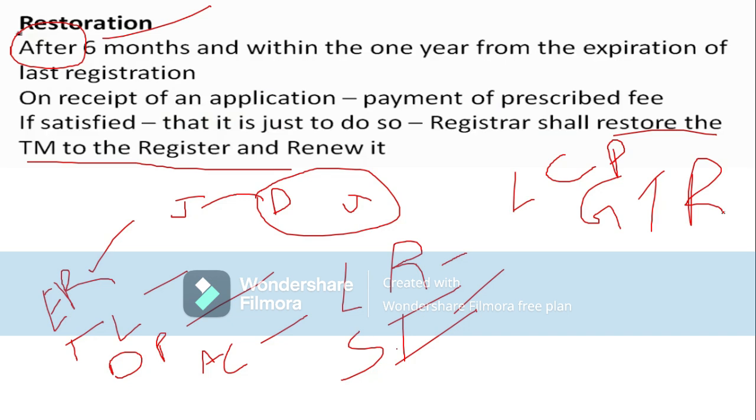Then another important advantage is that you can attract human resource. By having trademark registration, it will attract human resource, meaning popular brands are known for attracting younger talent.